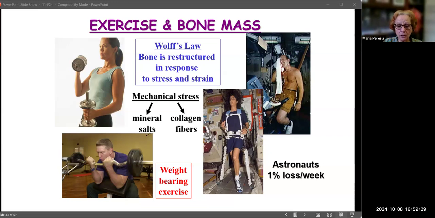So if you lift weights or if you play tennis or any kind of exercise, that exercise will activate the osteoblasts and cause them to deposit more calcium, and therefore your bones become more dense.